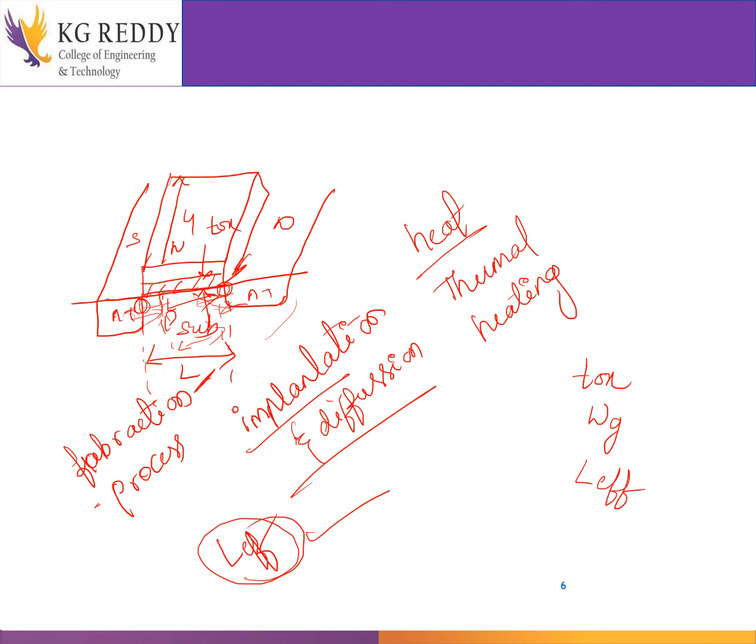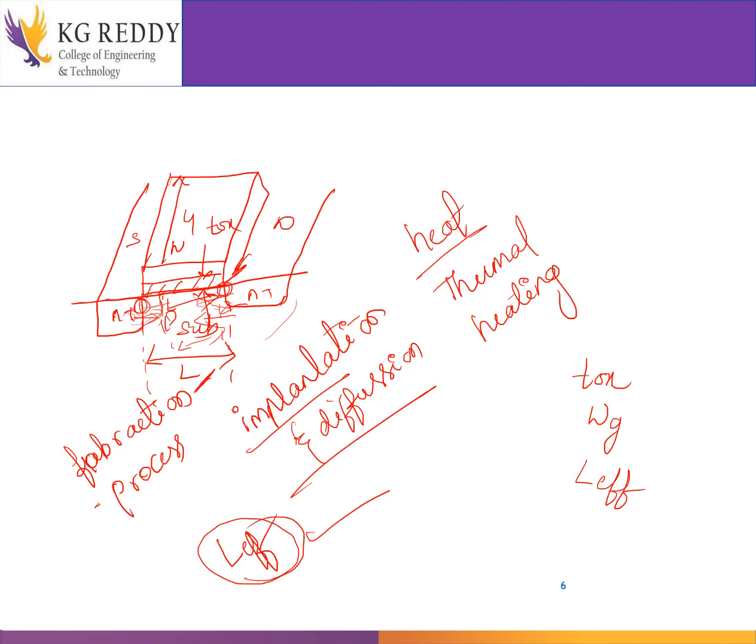Why does this effective length happen? Because while we are doing the implantation for the source and drain, after implanting, the chip undergoes thermal heating. Once the chip undergoes thermal heating, these dopants, whatever we have doped here, will start diffusing towards here like this and towards like this.